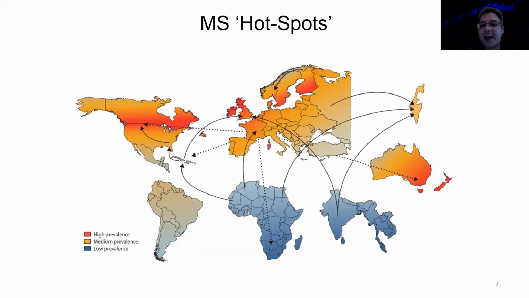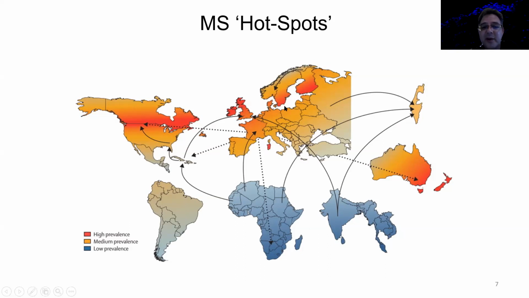Now, with regards to the MS hotspots, as I said, what we can classically see is that by far Northern Europeans such as Ireland, Scotland, particularly Scotland and Northern England have a high incidence.